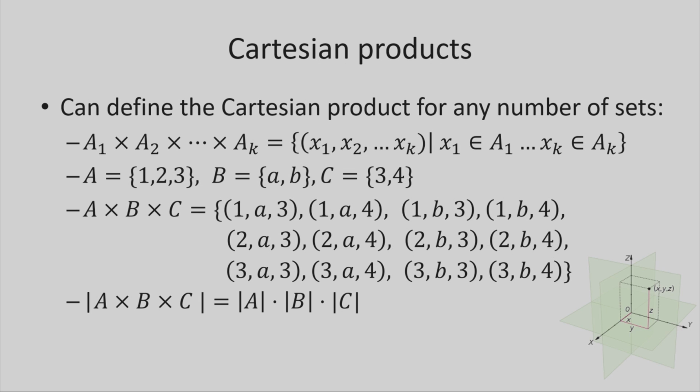Notice that here the product A times B times C is not the same thing as A times the product of B and C, because in the second case you would be taking the Cartesian product of 2 sets, the second one of which would contain pairs as elements. So you would end up with something different.